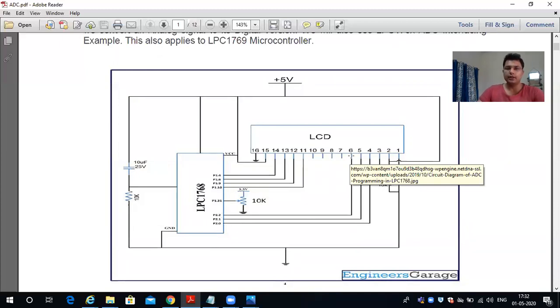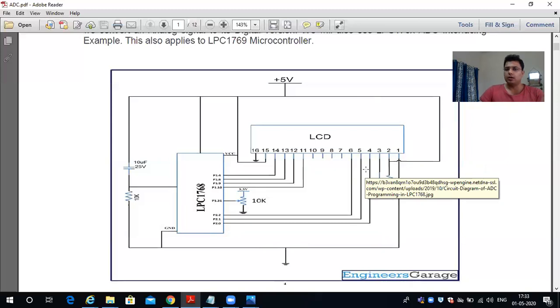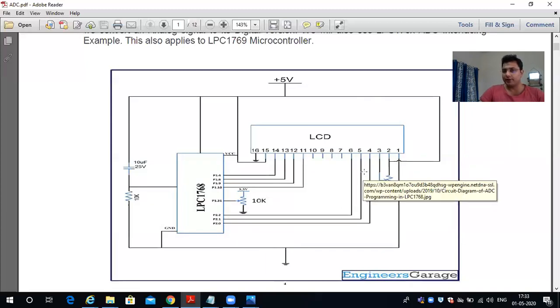But the idea of this schematic is that port number 1, pin number 31 is associated with ADC channel 5. Whatever the input is, we want to send it through these 4 data lines, and we will manage the command and the data. In short, we will control the LCD using these 3 lines: RS, enable, and read write.